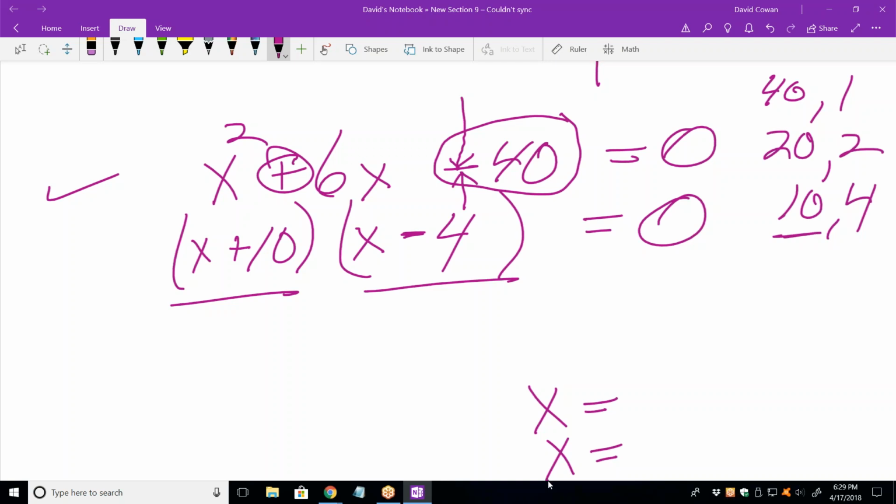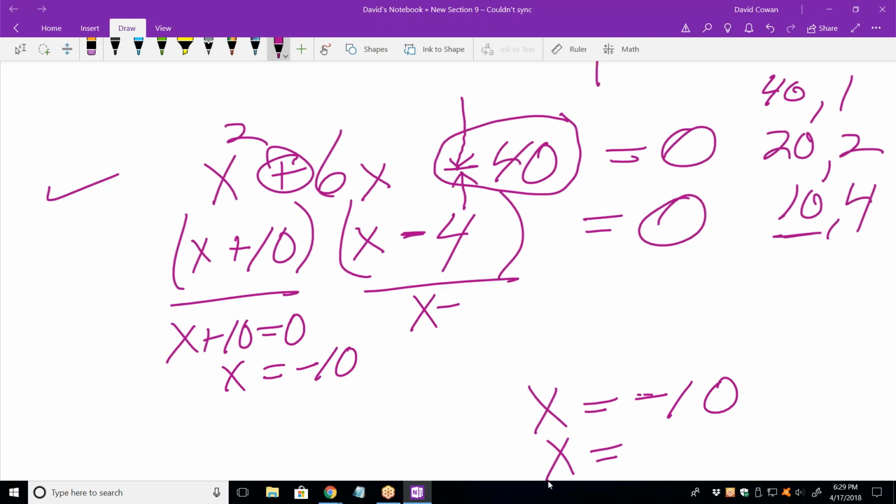So the way we solve this is I let this one equal 0, and I solve it. X equals minus 10, that's one solution. And the other way, I let that one equal 0, which means x equals 4.